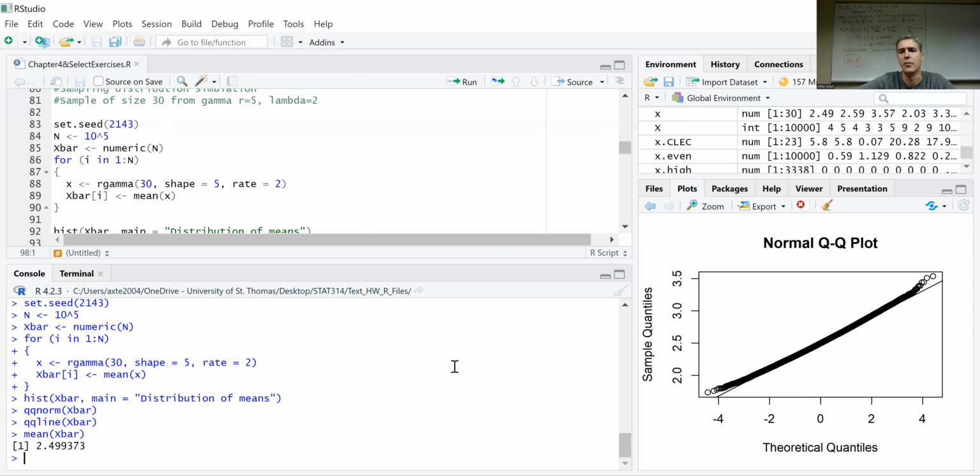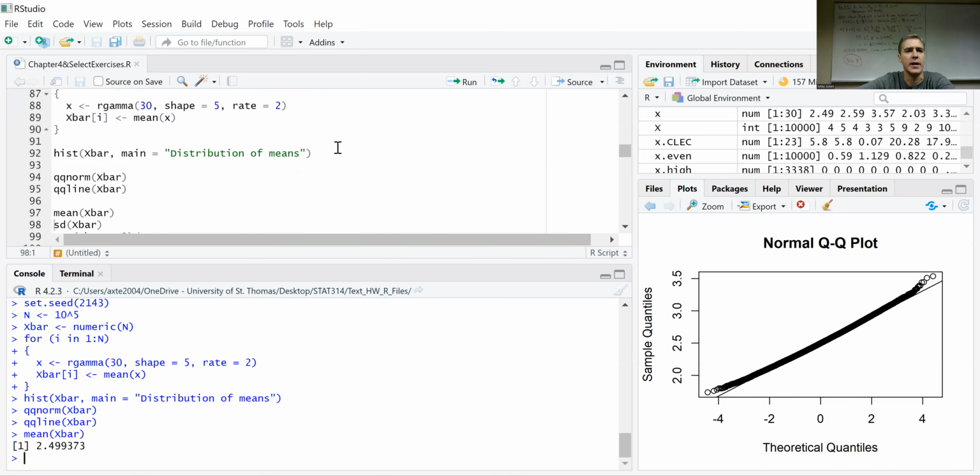Okay, it was just way behind for some reason. There's my normal QQ plot, and it looks pretty darn linear, except for the very right end and left end, right? My mean is 2.4999, which is about what I got with the exact computations.